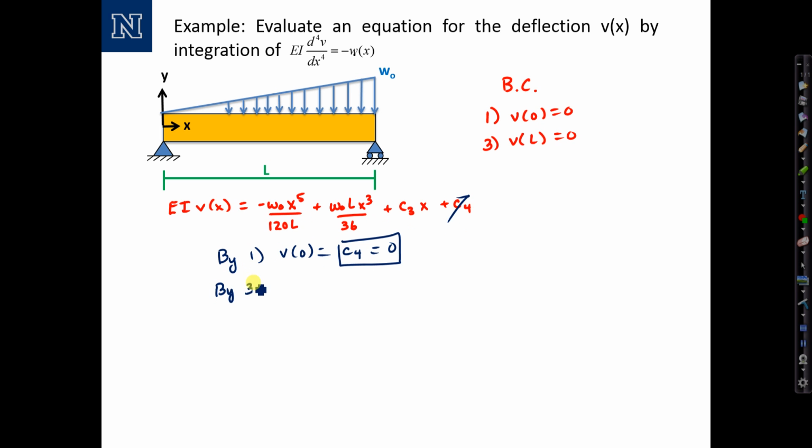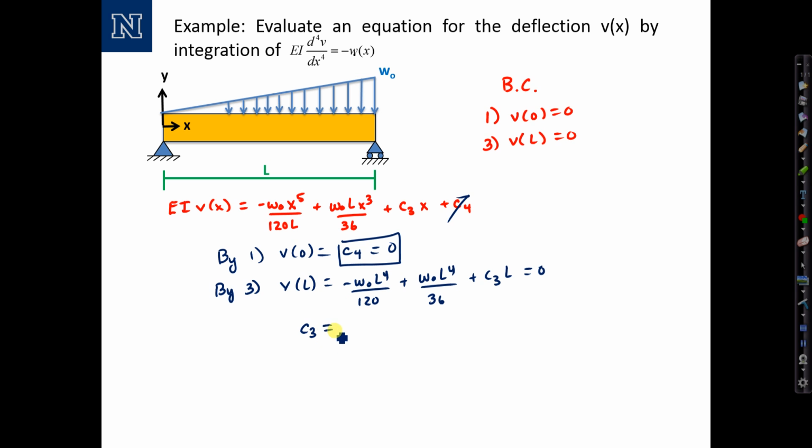By boundary condition 3, v of L equals negative w naught L to the 5th over 120L. Write that w naught L to the 4th over 120 plus w naught L times L cubed is w naught L to the 4th over 36 plus C3 times L equals 0.